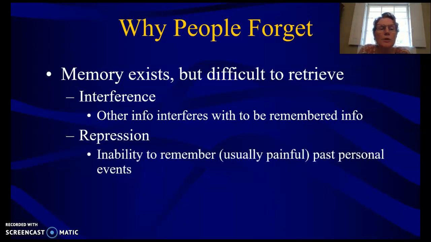There's also, this is fairly rare and even a little bit controversial, but sometimes something has happened to us and we don't want to remember it. And so it's as if our brain represses that information. It keeps us from remembering something that will be painful to us.